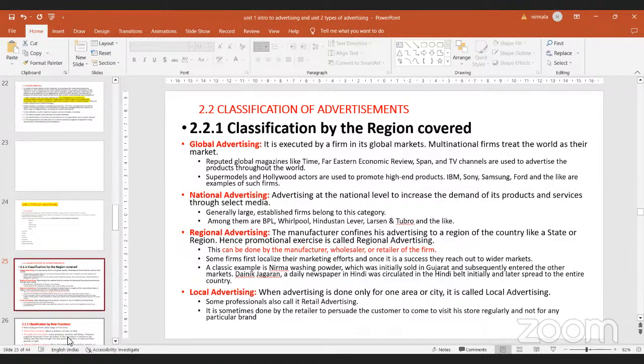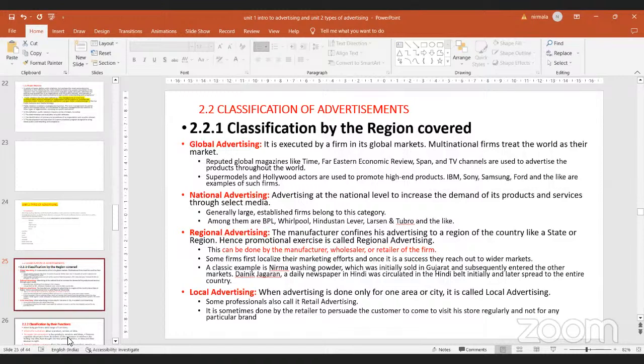There are supermodels and Hollywood actors who play a major role in promoting goods and services offered by companies which have consumers throughout the globe, like IBM, Sony, Samsung, Ford, and others. To reach those global audiences, companies look to reach global consumers with their advertisements to convince them to buy their products.